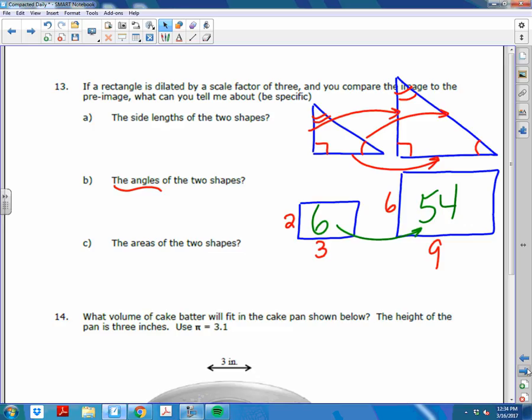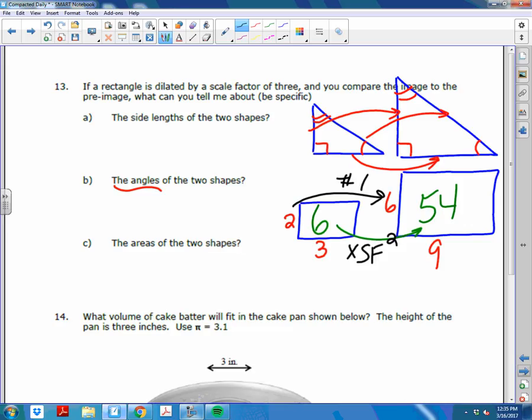Okay, but that's not what I'm looking for. What you're essentially doing, because you're really multiplying it times 3 twice, you multiply the area times the scale factor squared. It makes sense if you think about it, because you're multiplying it times the scale factor twice.